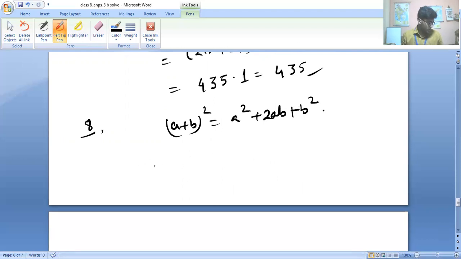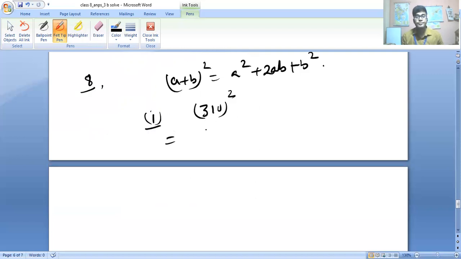So very easy. So question number 1, let us do 310 whole square. What can you do? Clear? So we will break it into a plus b whole square form.